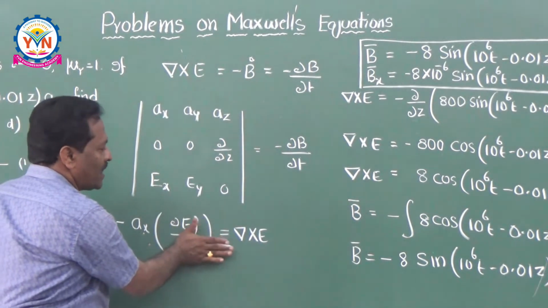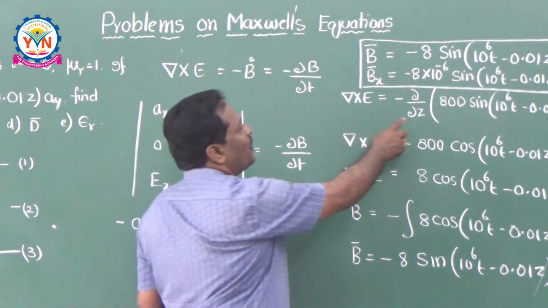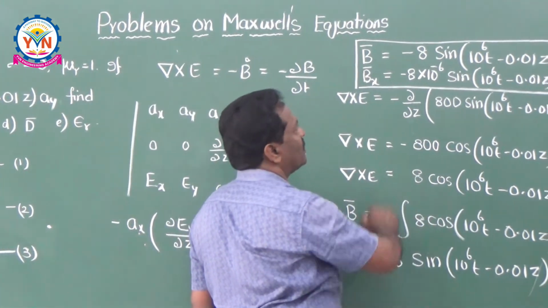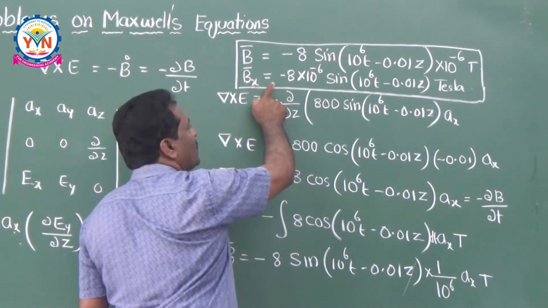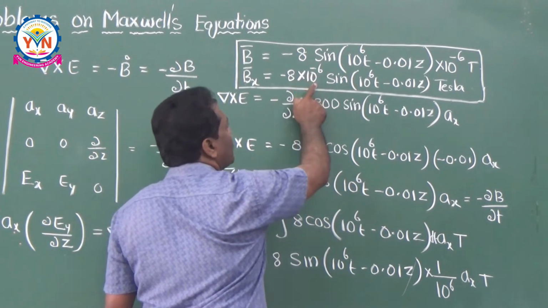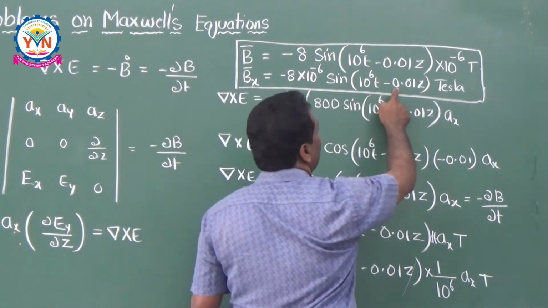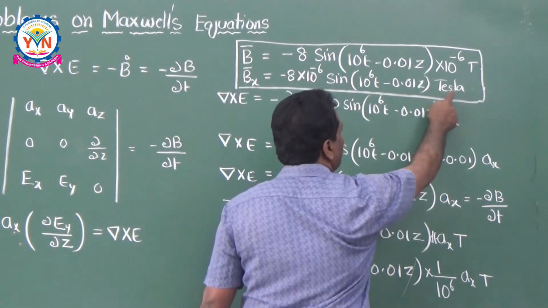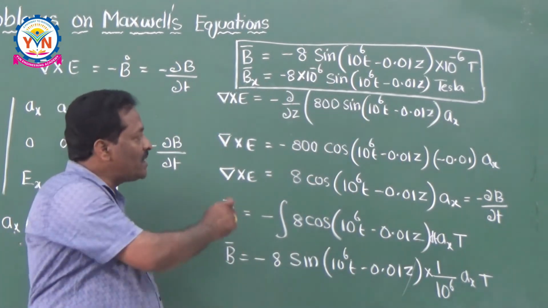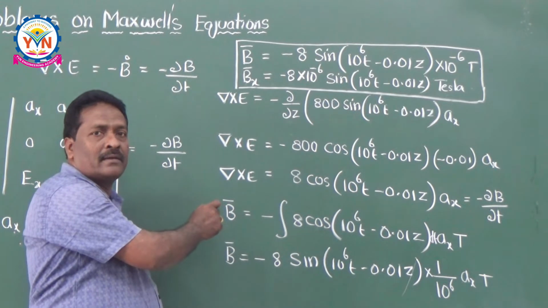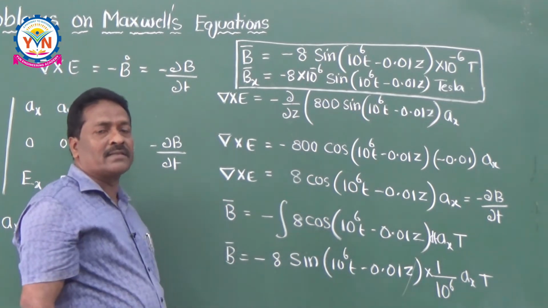Expand this, and after expansion, if you do small differentiations and integrations, you are going to get the magnetic flux density in x direction equal to minus 8 into 10 to the power of minus 6 sine of 10 to the power of 6t minus 0.01 into z. What is the unit of this magnetic flux density? Tesla. So this is the way of doing the calculation for the magnetic flux density.